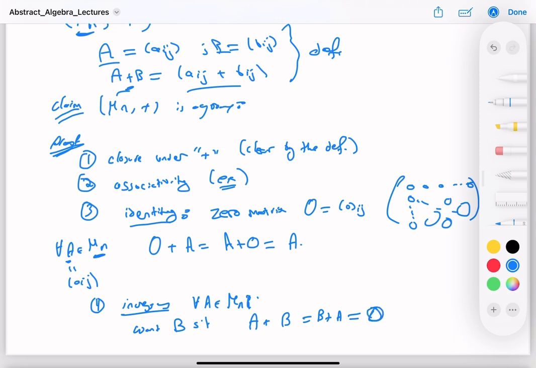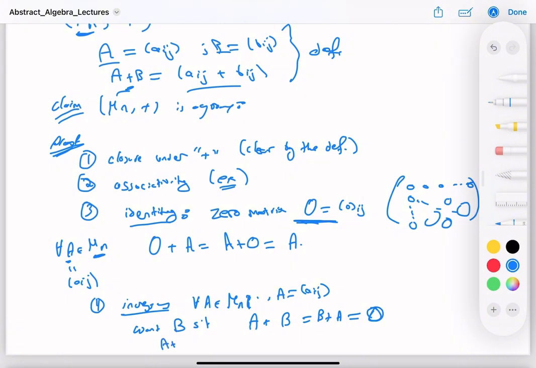What's the identity here? It's the zero matrix. So let's say A can be written as Aij. What would you take B to be? Well, again, you do the obvious.